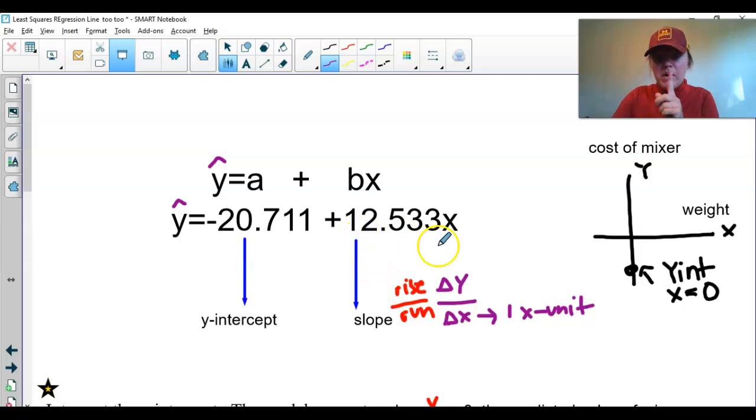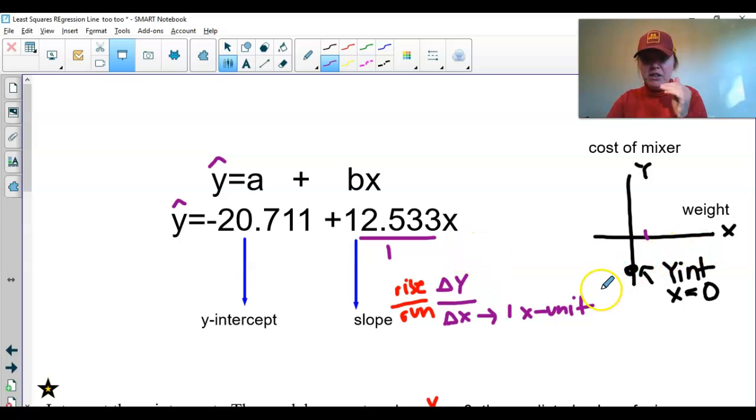So you can think of it as rise over run like this, or change in y over change in x. What do I mean? As I run by 1 x unit, as I increase the weight of my mixer by 1 pound, we rise then. I talked about the run first, that's okay.